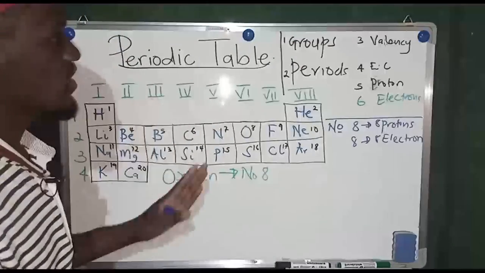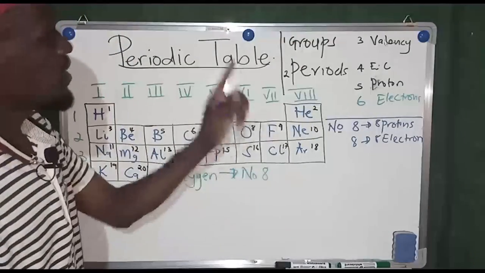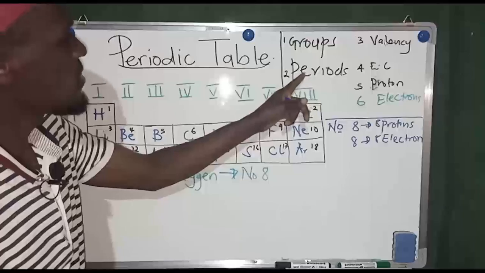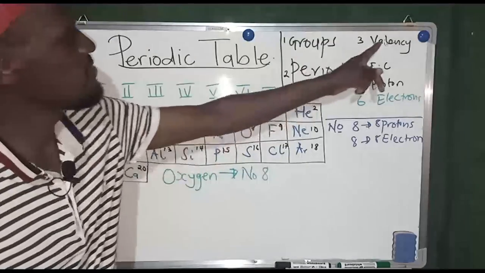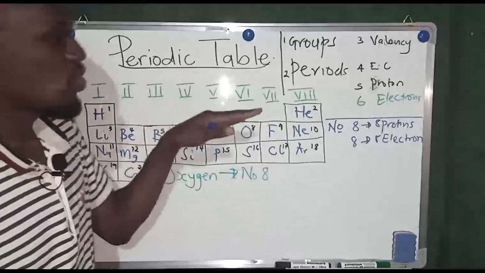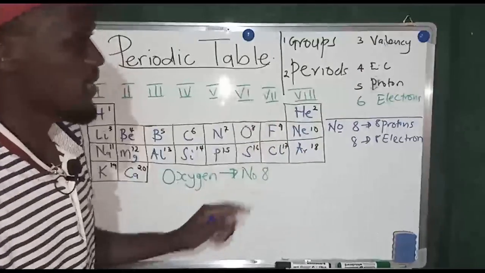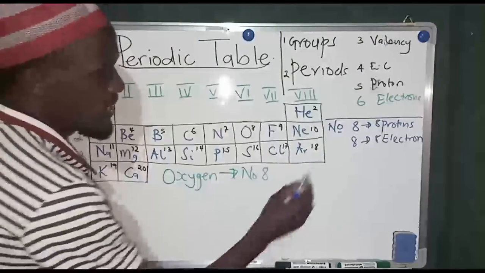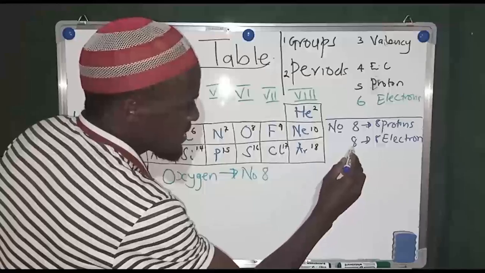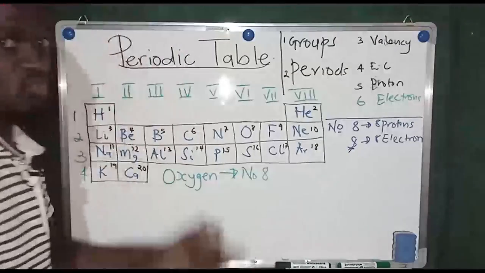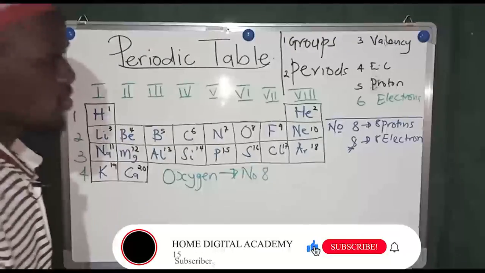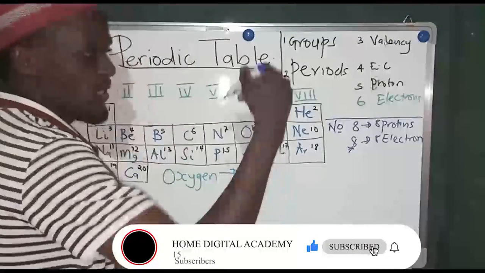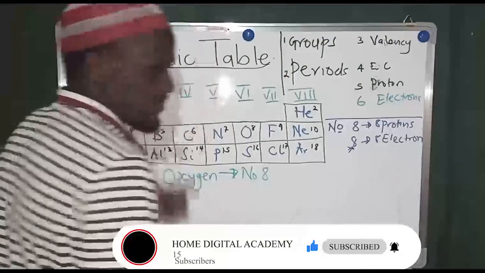Now, the last thing is you can know all the other 3, the group, the period, the valence, if you write the configuration. And how do you write the configuration? Is knowing that this number 8 is going to show all other things on the configuration. For example, you can first subtract 2 from 8.